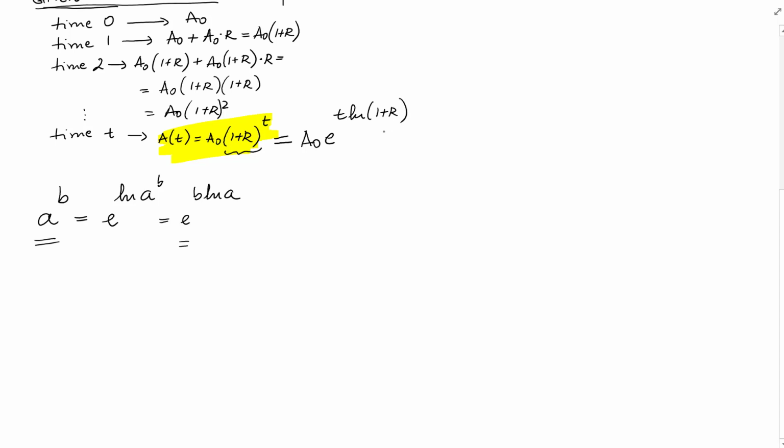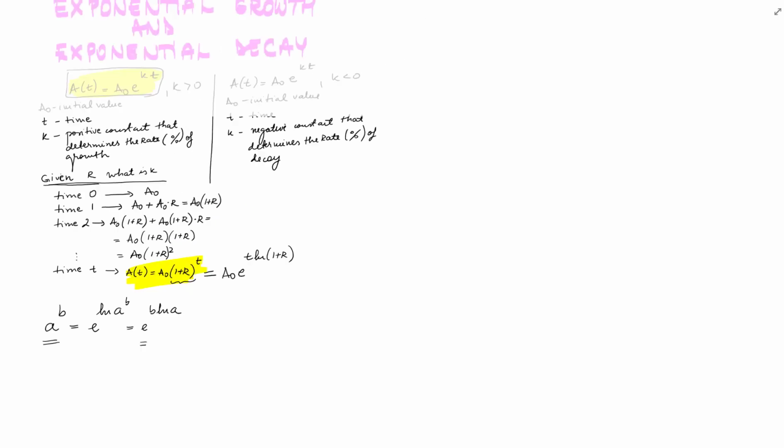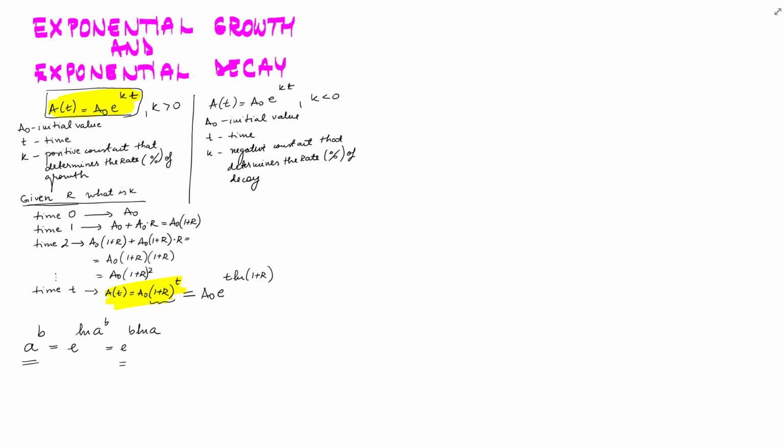Comparing this with what we had above, we can see A naught e to the kt, so k is equal to ln of 1 plus r.